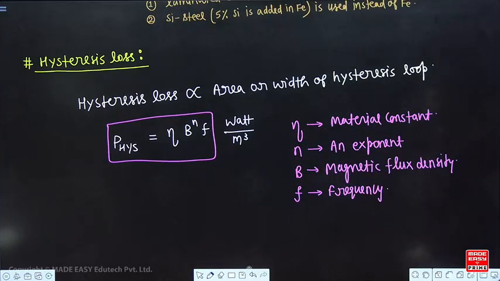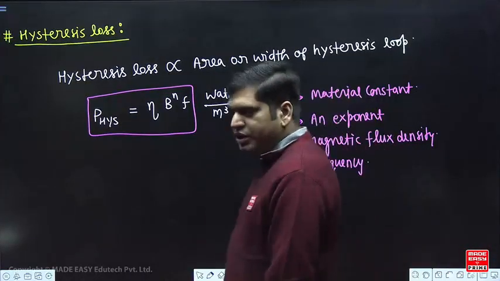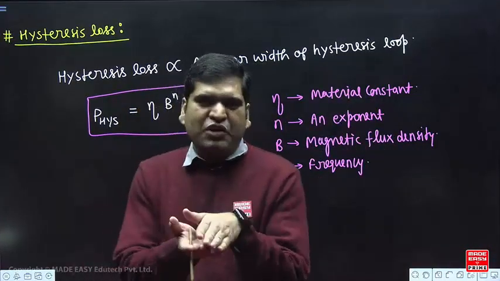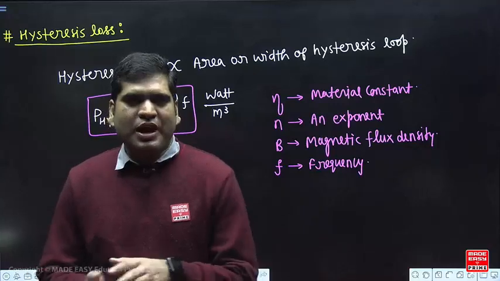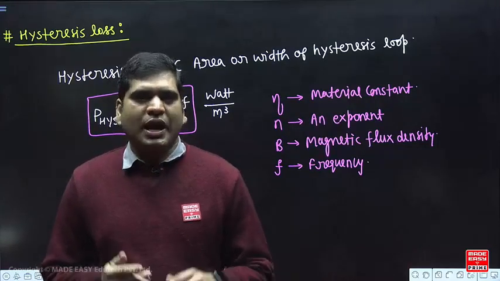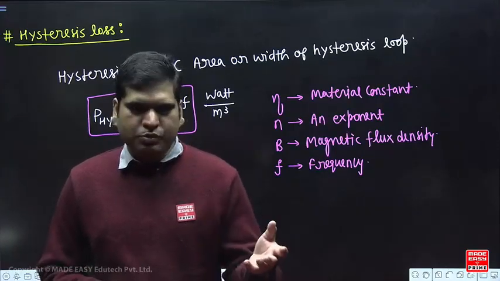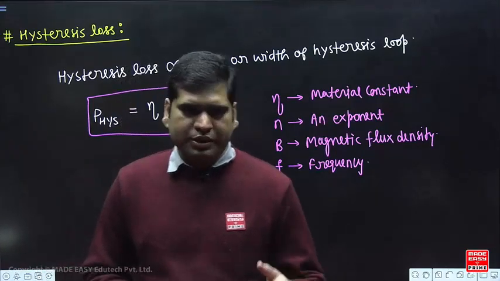Now you see, my dear friends, to reduce the hysteresis loss, the best way is to use a material which has a narrow hysteresis loop. If the hysteresis loop is narrow, hysteresis losses would be less. Such materials which have a narrow hysteresis loop are known as soft magnetic materials. I would be talking later about soft and hard magnetic materials.